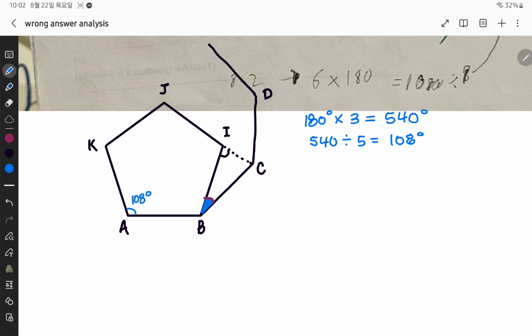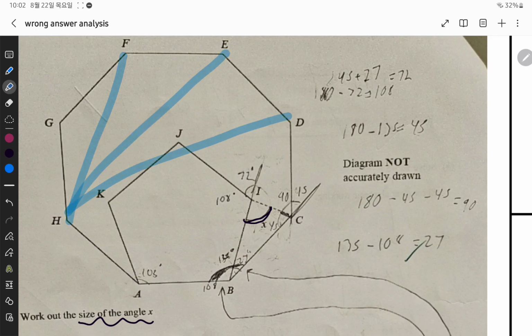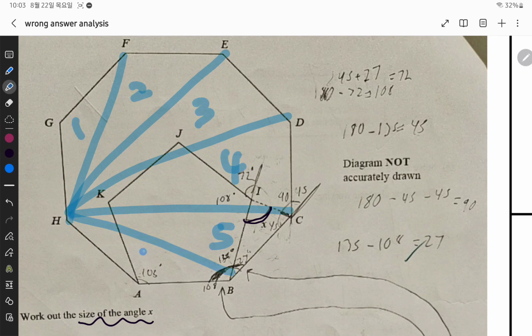And now I'm going to calculate one inside angle of the octagon. How do I do that? I do the same thing. I go to the octagon and draw how many triangles it can fit: 1, 2, 3, 4, 5, and 6.